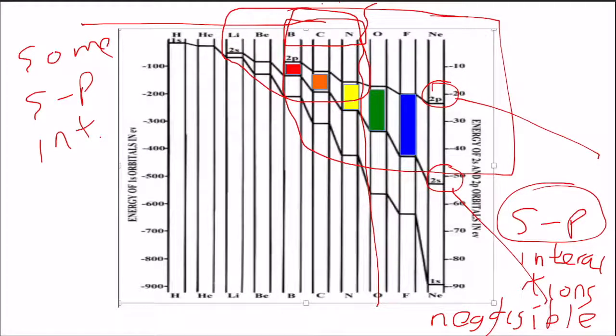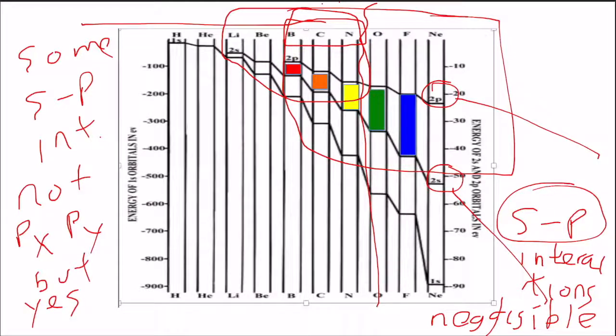Okay? Now, this sp interaction is not for px and py, but yes for pz. Okay?